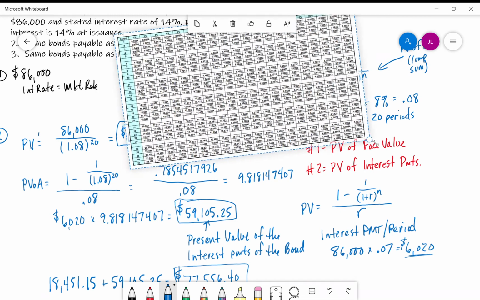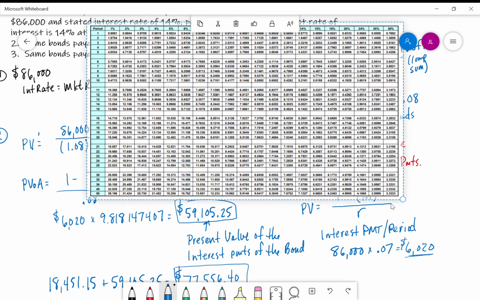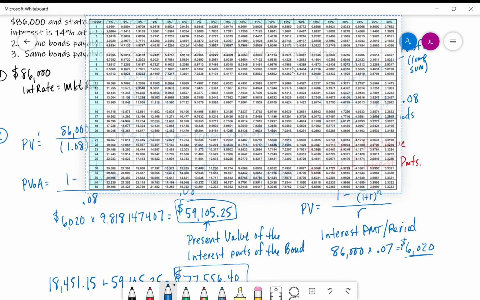Now, let me pull up this annuity table so we can see what we have here when we look at this through 20 periods at an interest rate of 8%. So an 8% rate in 20 periods, we get 9.8181. And remember, what we found here was 9.818147407.